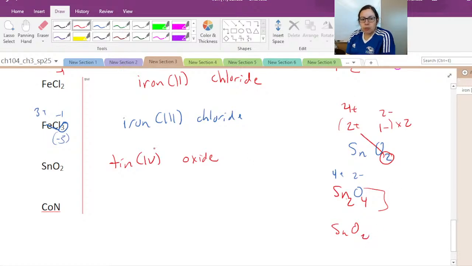So just watch for stuff like that. This is a good example of how we can still use our swap trick, just double check that what we're referencing, typically oxygen, matches. That's your other hint: oxygen is almost always -2, so make sure that checks out.